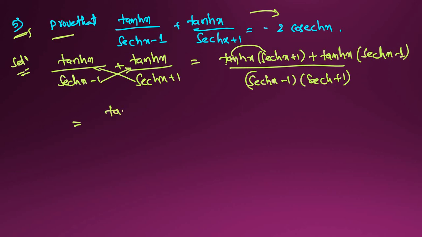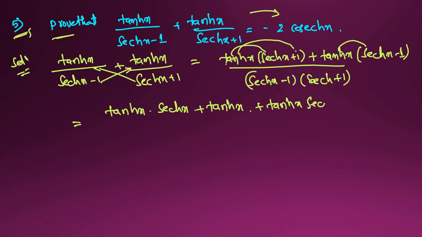So tanh x into sech x will come here, and after this into 1, so plus tanh x will come here, and plus tanh x into sech x, again tanh x into minus tanh x will come here.